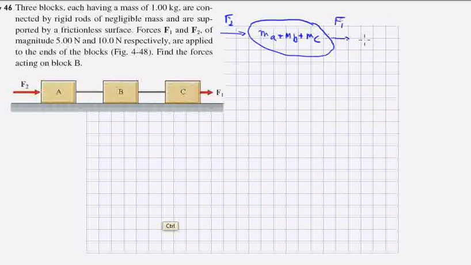And so the acceleration of this system is going to be the total force, which is F1 plus F2, divided by the total mass.